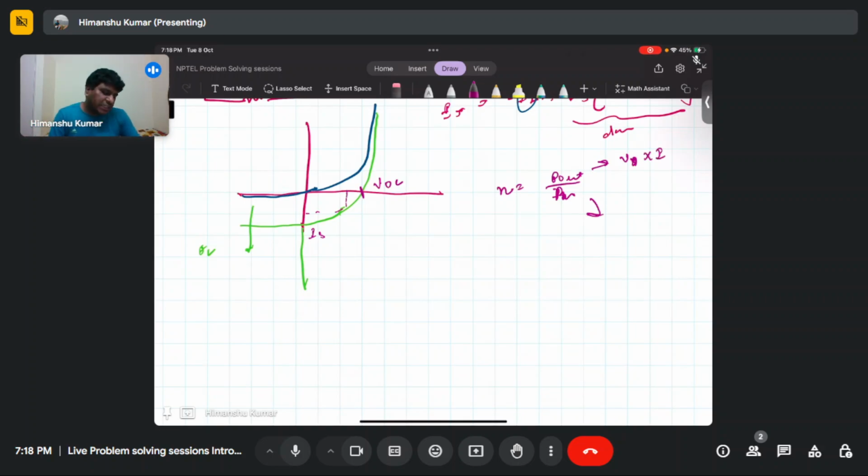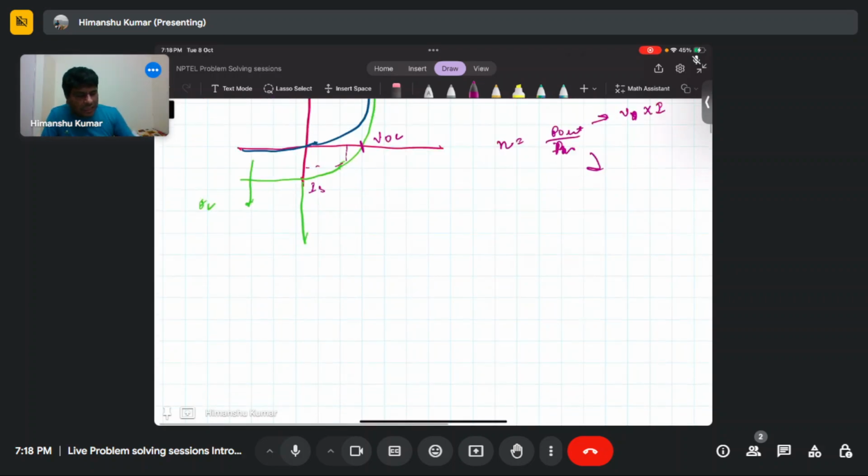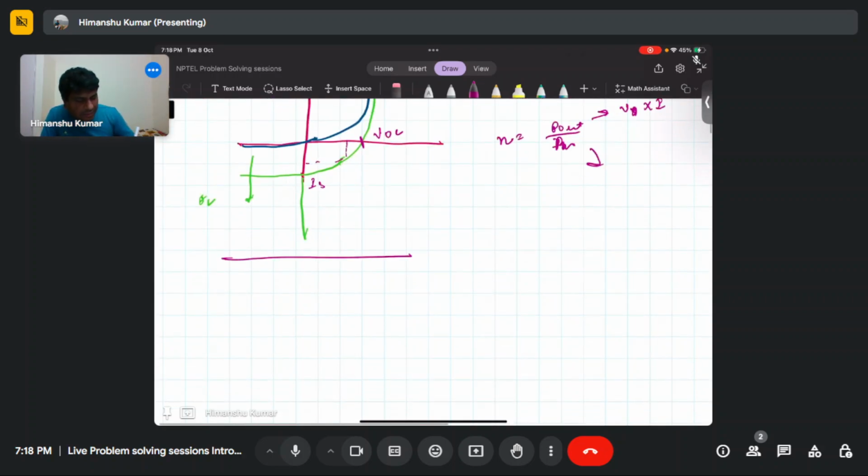The maximum efficiency only occurs at a certain voltage, this V_m, and this is known as the maximum power point. This is the power versus voltage plot. At this point the power transfer is not adequate because the current is zero, and at this other point the voltage is zero, so no power is transferred.